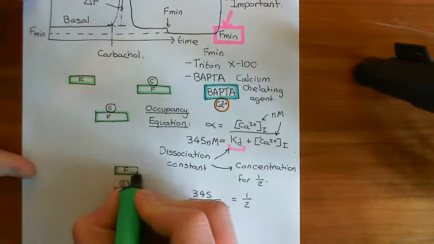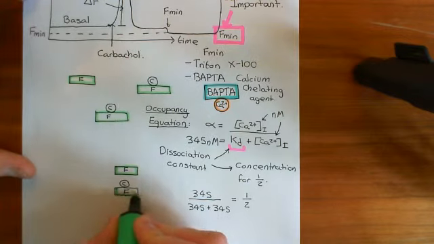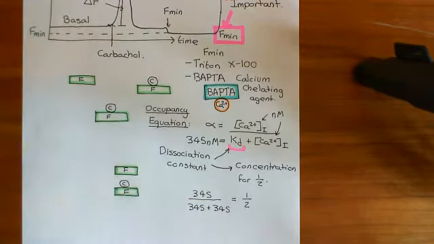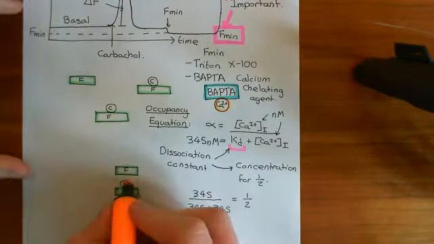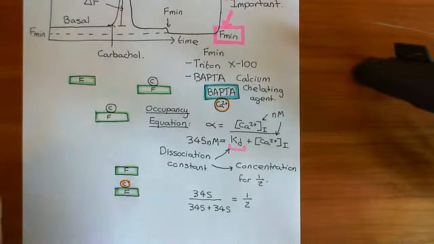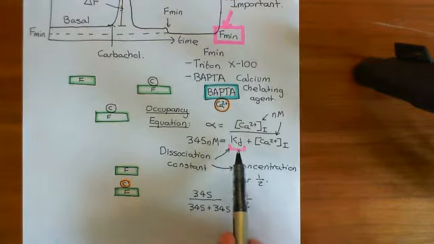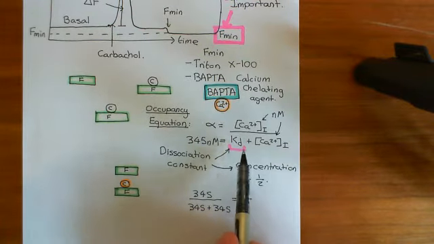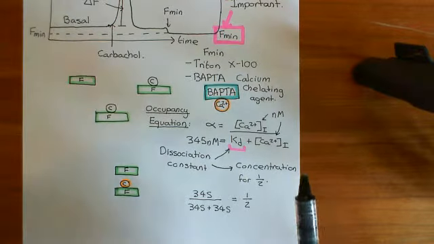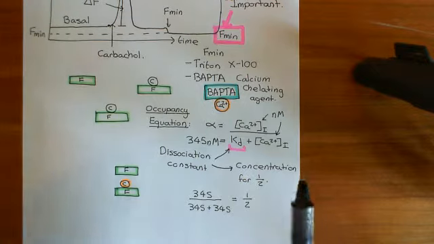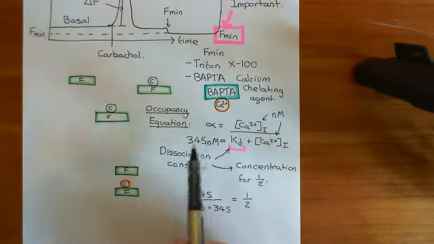Here are the Fluo-4 molecules in green, and we can see that half of them have calcium bound and half do not. So that's a nice literal interpretation of what this dissociation constant means. It is the concentration of calcium ions that you would need in order for the occupancy of Fluo-4 molecules to be half.